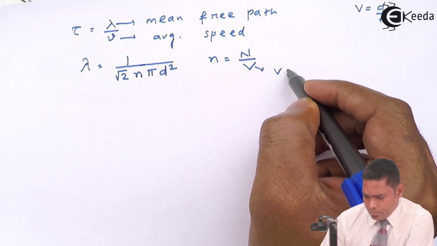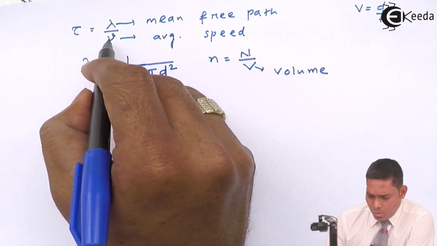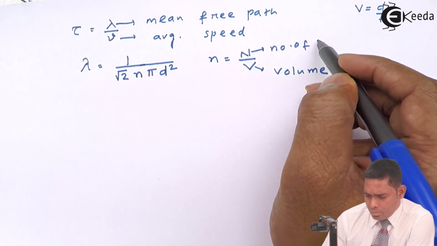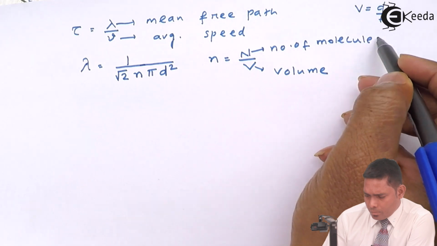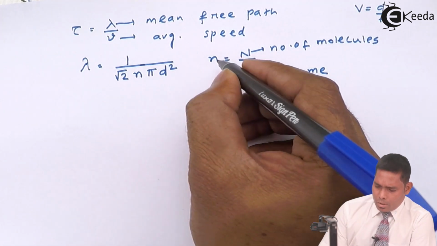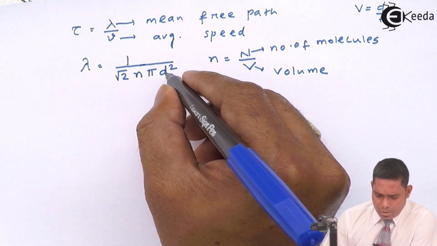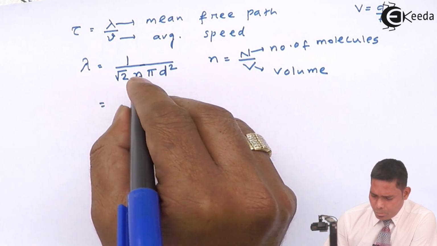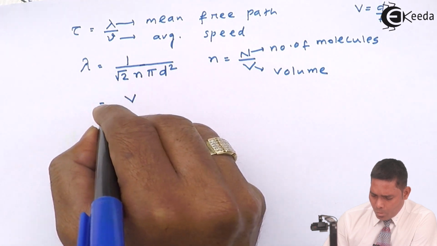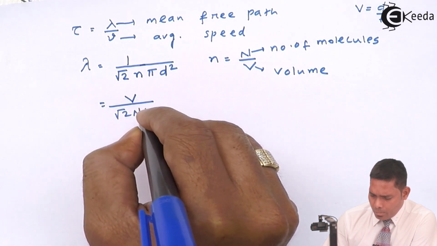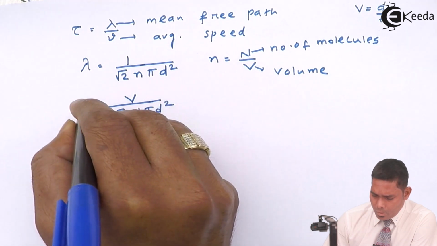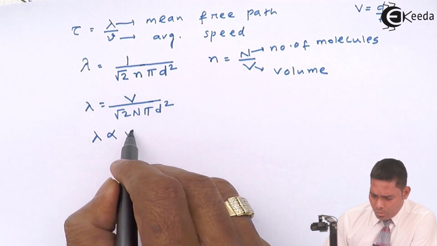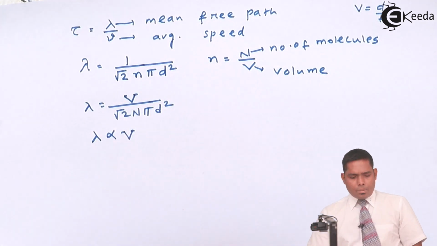Capital V stands for volume, small v stands for speed, and n is the number of molecules. So this n is N by V. If I substitute that here, where d is the diameter, then lambda is V upon root 2 N pi d square. You can see from here that lambda is proportional to V, the volume.